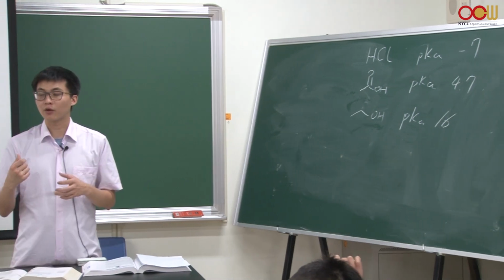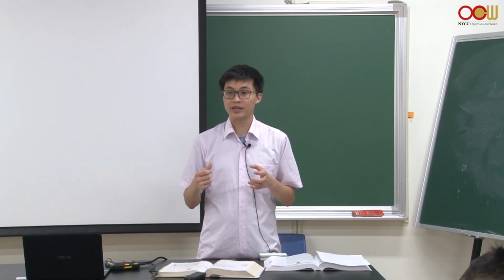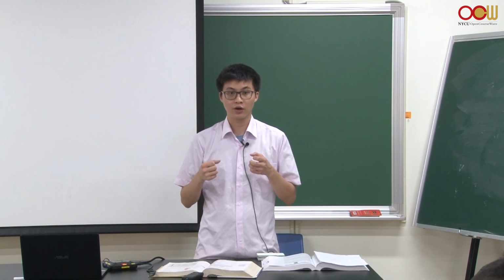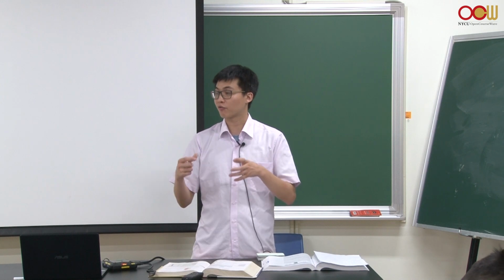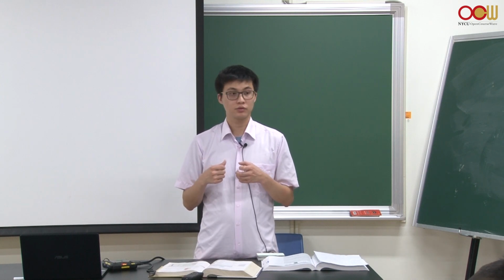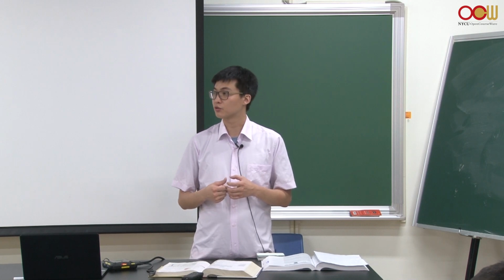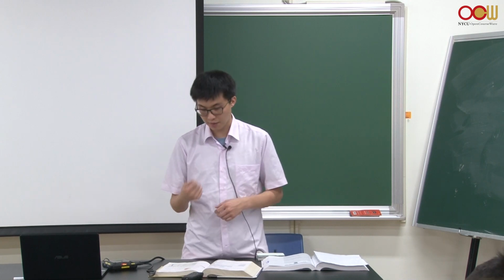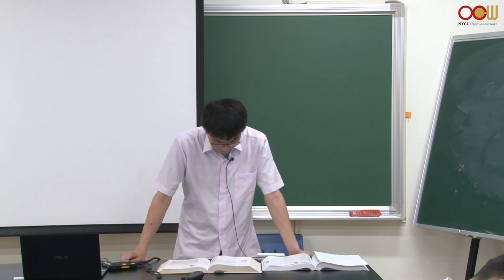In organic chemistry, you will want to think of pKa as how easy it is to remove that proton, or how easy it is for a compound to pick up a proton from another compound. When you have a very large pKa, what does that mean? It means you're very basic. The concepts in general chemistry will keep coming back in organic chemistry.